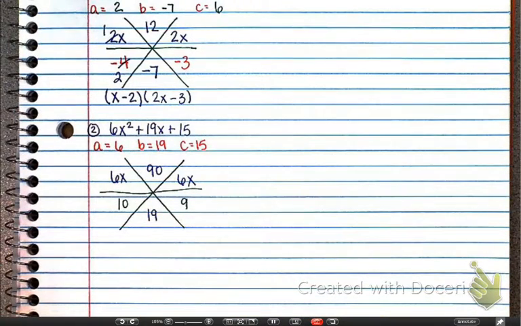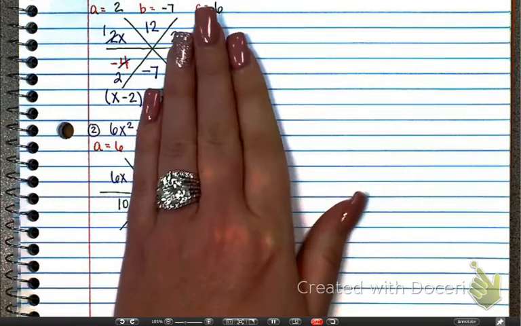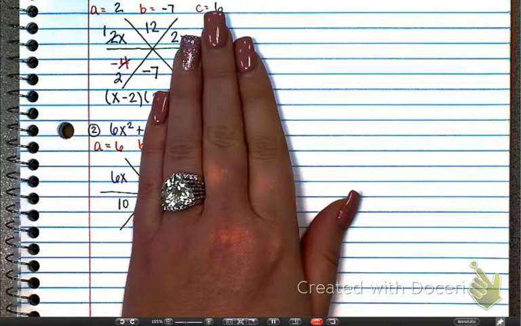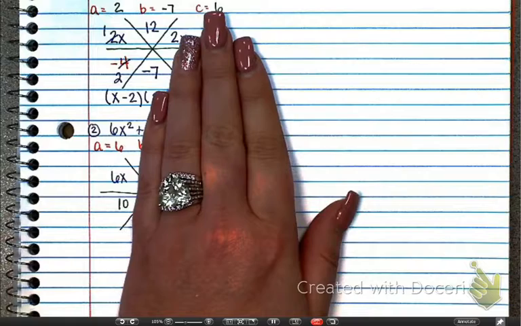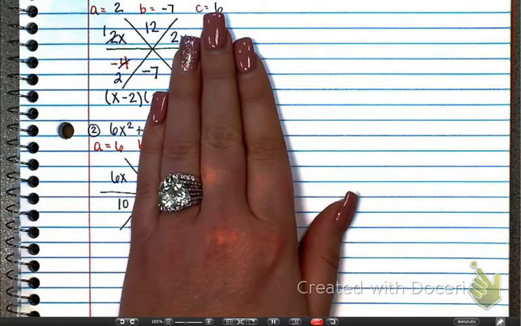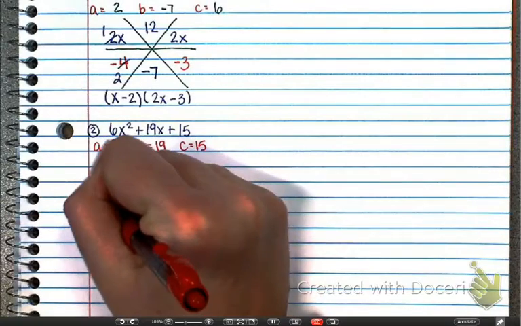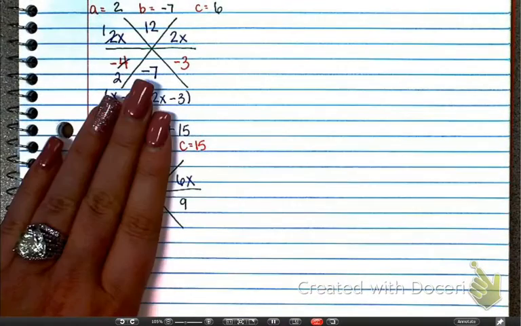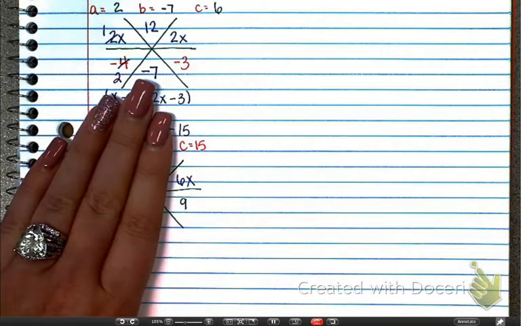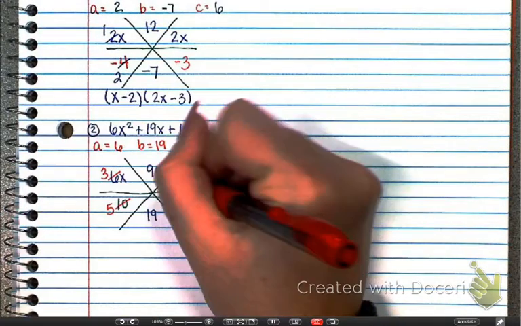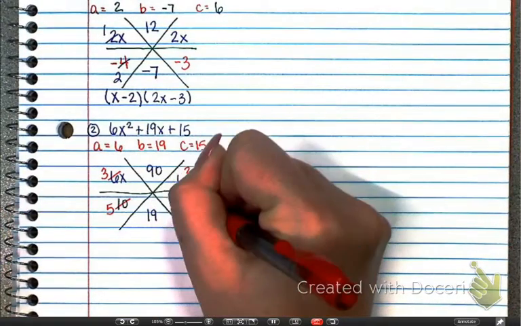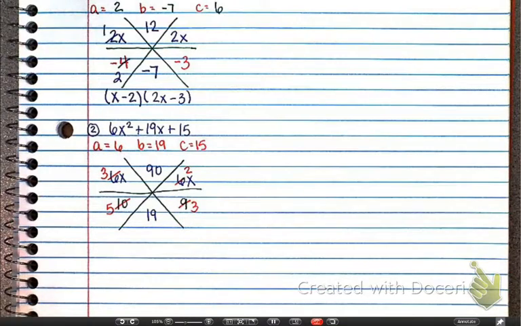Now before we write it in factored form, our last thing to do is simplify. Is there a number that goes into 6 and 10? 2. So 2 goes into 6 3 times, 2 goes into 10 5 times. Is there a number that goes into 6 and 9? 3. 3 goes into 6 twice, 3 goes into 9 3 times.